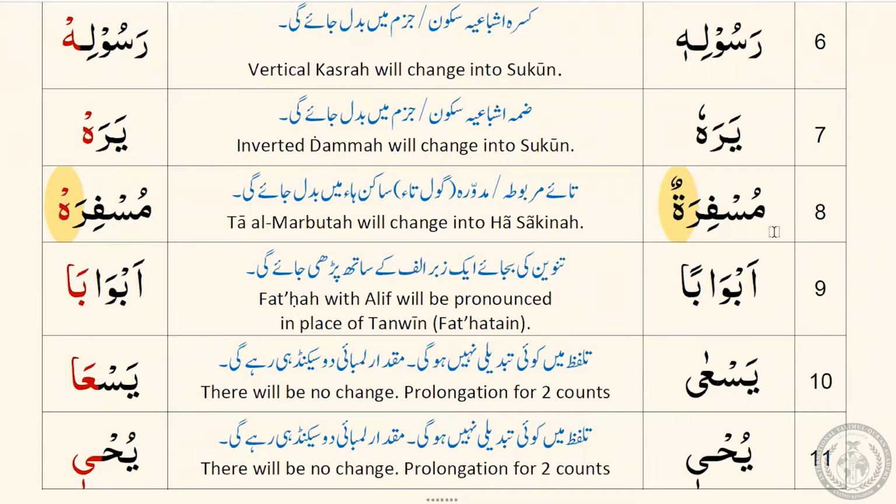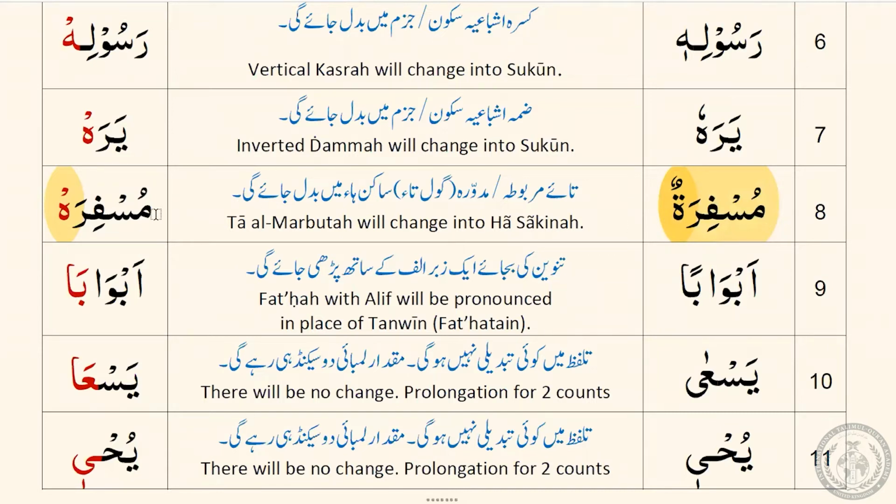Where you would originally read this word here, which I'll highlight now, if you are not going to pause and you are just going to read through, then you would read this word as musfiratun, right?